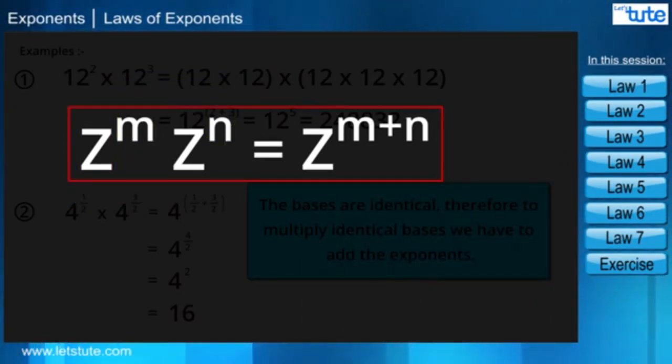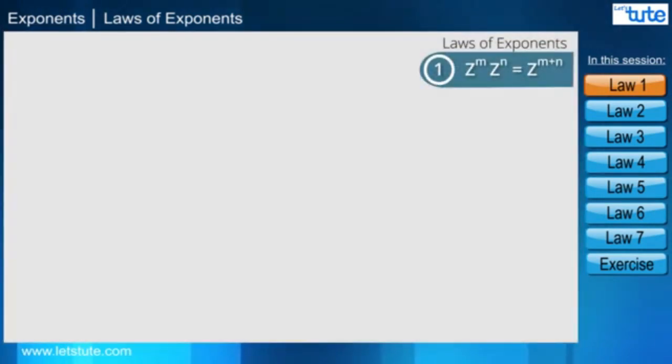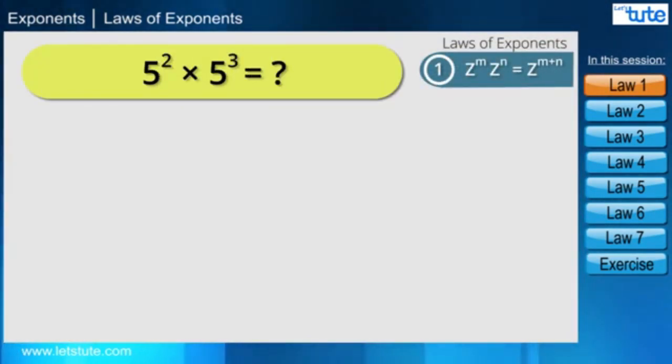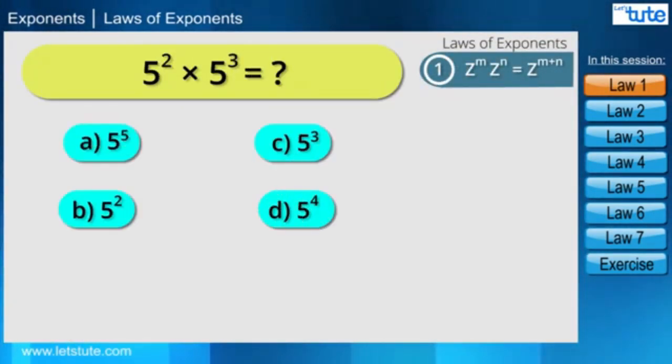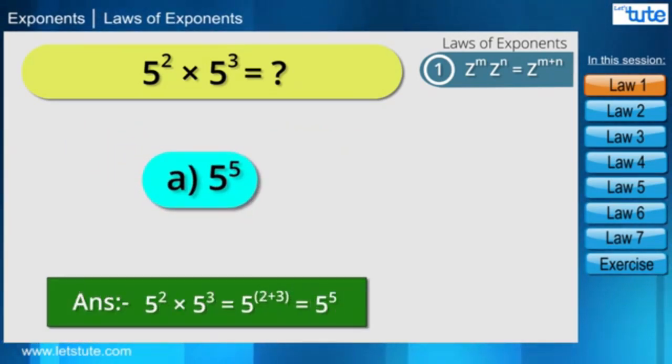So, this is our first law of exponents. What will be 5 raised to the power 2 multiplied by 5 raised to the power 3? It will be 5 raised to the power 5.